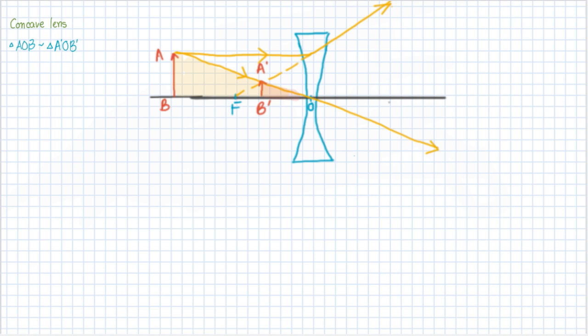So I can write A dash B dash upon AB should be equal to OB dash upon OB.